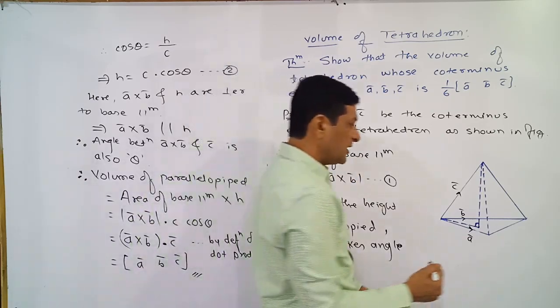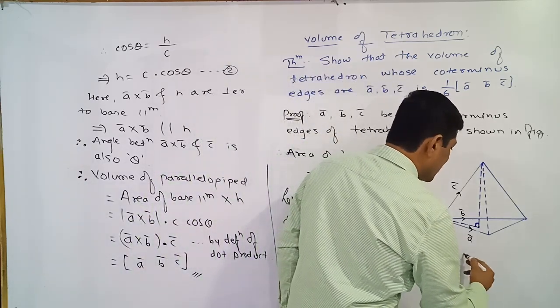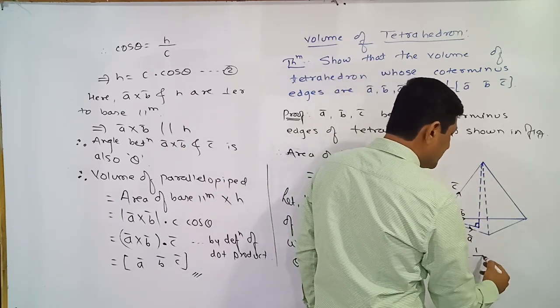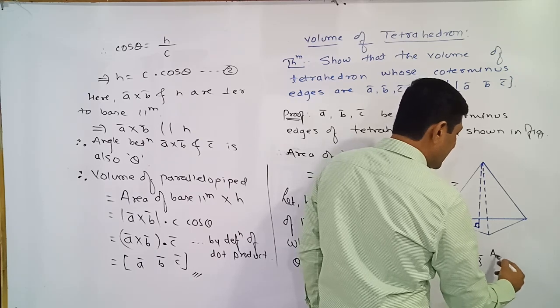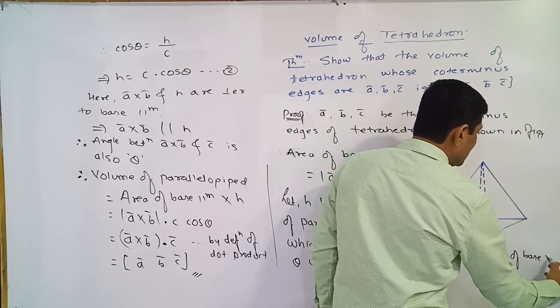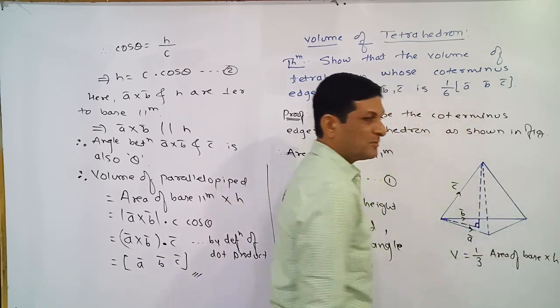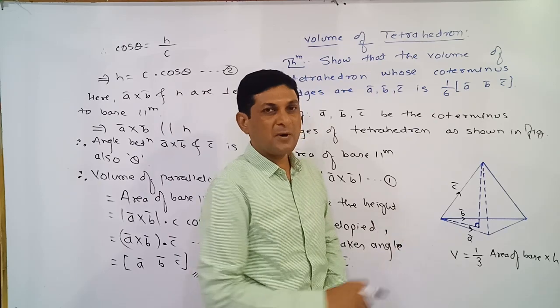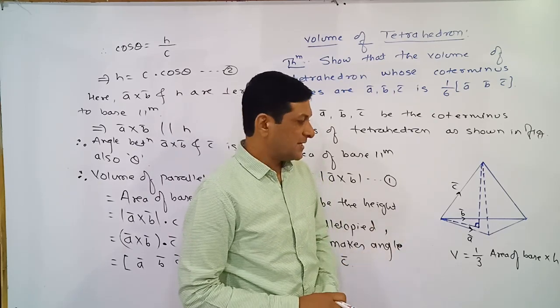Now here the formula to find out the volume of a tetrahedron, which you have studied in geometry, is 1/3 area of base into height. Applying this formula, we are able to find out the volume of a tetrahedron.